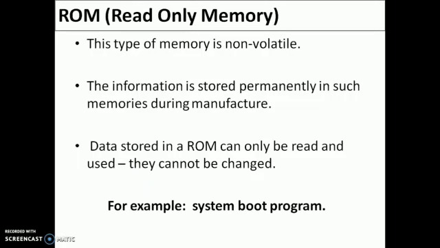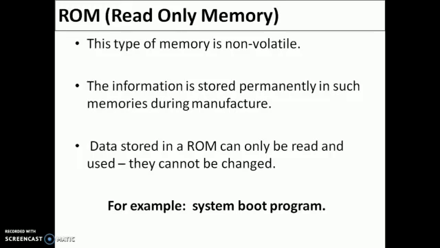An example is the system boot program. What is the system boot program? It's a micro program which contains a set of startup instructions that are executed when a system is powered on to check if the system hardware, like memory and input-output devices, is functioning properly or not.